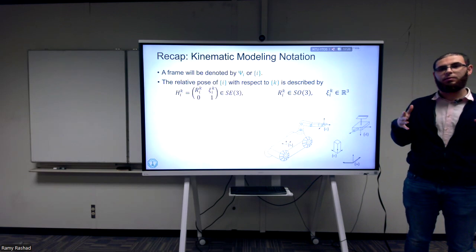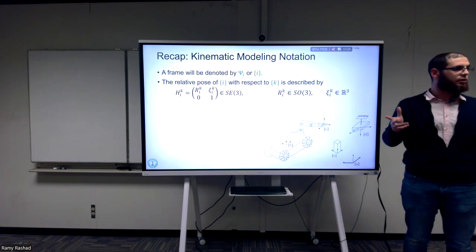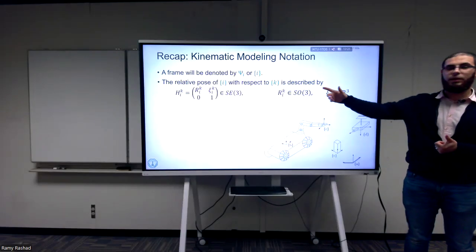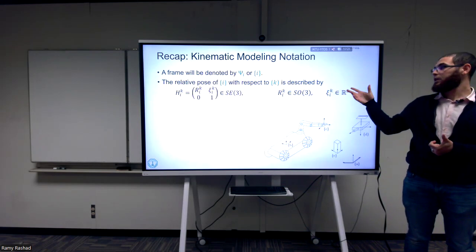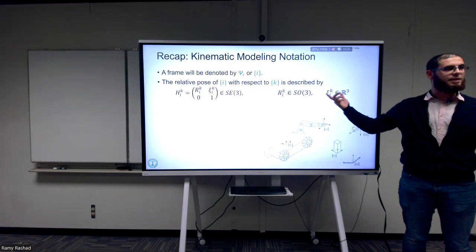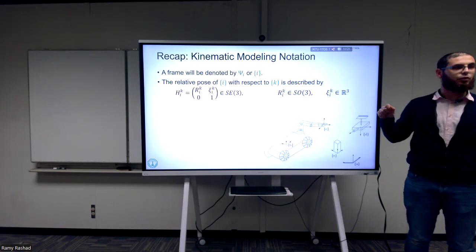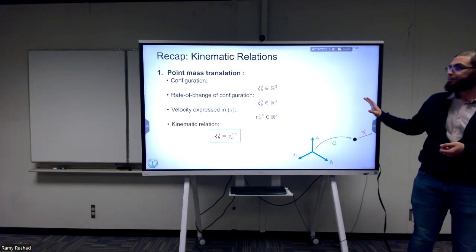And then everything we describe is by the relative pose of these frames with respect to each other. The relative pose of frame I with respect to frame K is given by the homogeneous transformation, which is an element of SE3 and has a component which represents the relative orientation between these two frames and the relative displacement between the origin of frame I expressed in frame K.